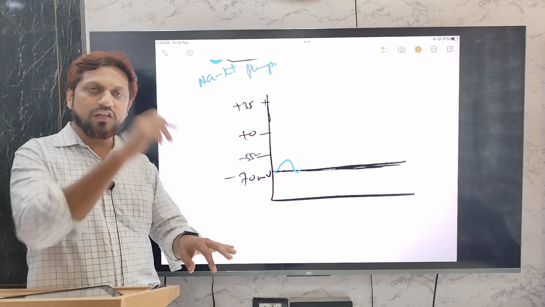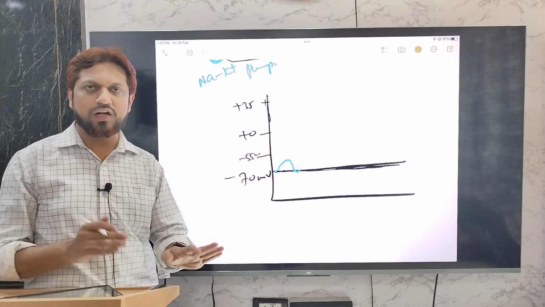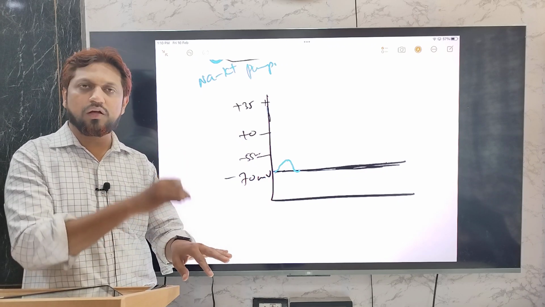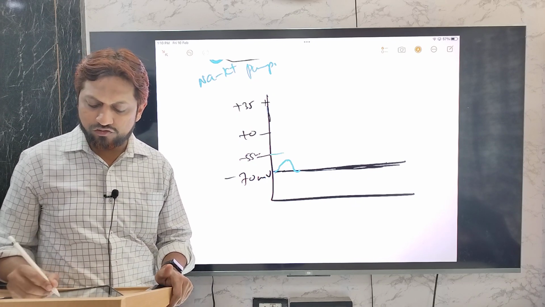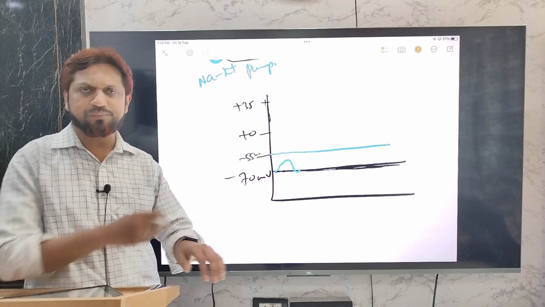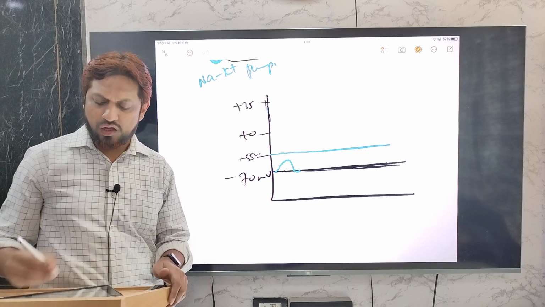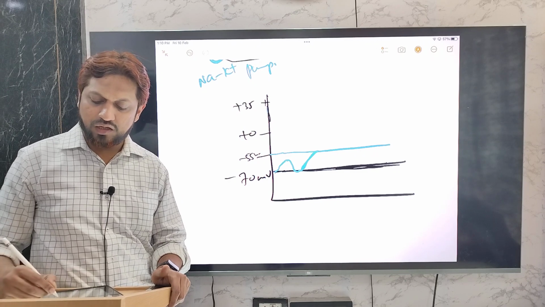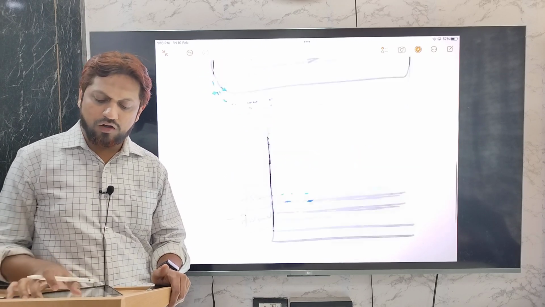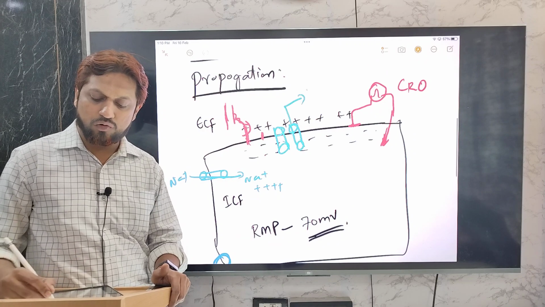But when the strength of the stimulus is adequate, that is, if it can produce a response, for example, the threshold stimulus is minus 55 millivolt, if the strength of the stimulus is enough to reach the threshold, then there is opening of the voltage gated sodium channels.